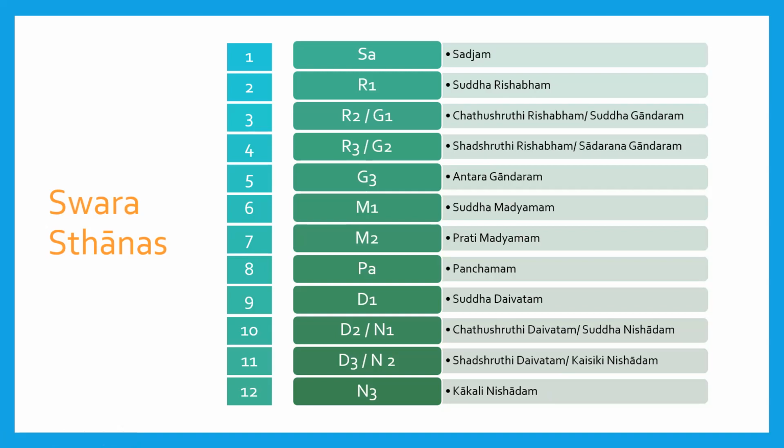Now count individual names: 1 Shadjama, 2 Shuddha Rishabha, 3 Chatushruti Rishabha, 4 Shuddha Gandhara, 5 Shatshruti Rishabha, 6 Sadharana Gandhara, 7 Antara Gandhara, 8 Shuddha Madhyama, 9 Prati Madhyama, 10 Panchama, 11 Shuddha Daivata, 12 Chatushruti Daivata, 13 Shuddha Nishada, 14 Shatshruti Daivata, 15 Kaisiki Nishada, 16 Kakali Nishada.